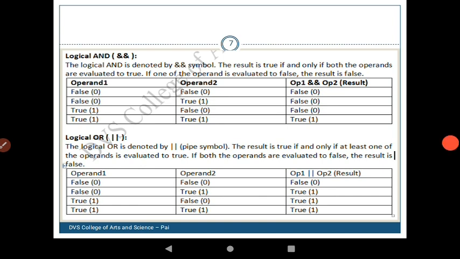Likewise, if operand 1 is 1 and operand 2 is 0, the result will be 0 once again. Lastly, if operand 1 is 1, that is true, and operand 2 is also 1, that is true, then the result will be true or 1.